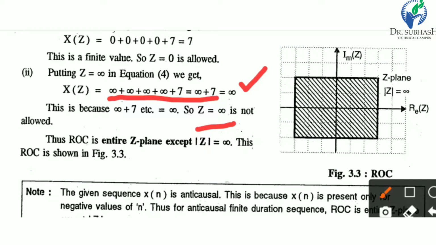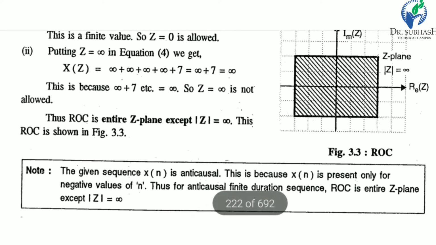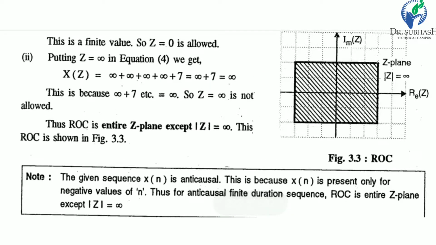Thus the ROC is the entire z plane except mod z equal to infinity. So we can see in the figure the ROC, the dotted line or cross line is our ROC. So it is the entire z plane, only not on the infinity side.